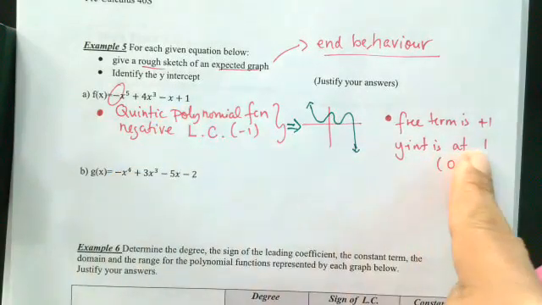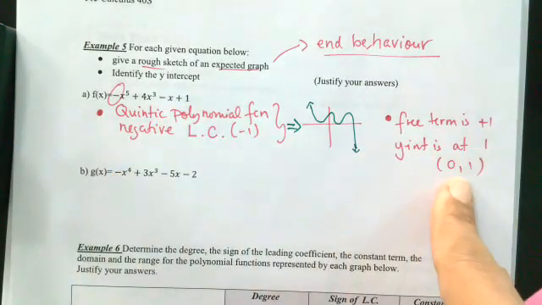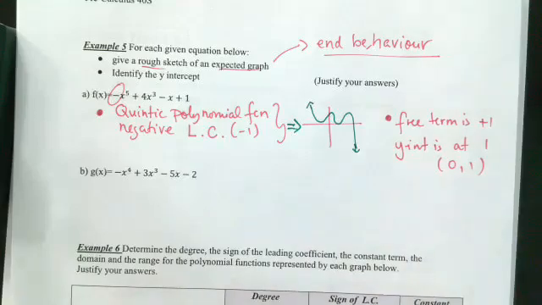The y-intercept is at positive 1 or the point 0, 1. Make sense? Questions?